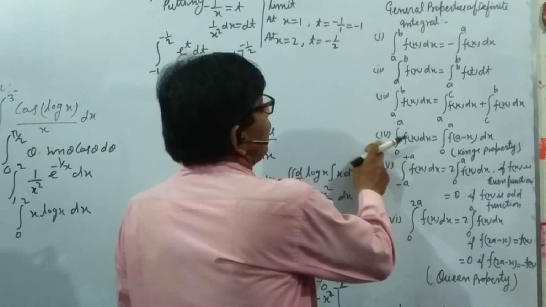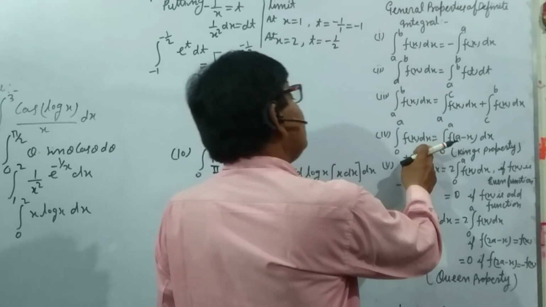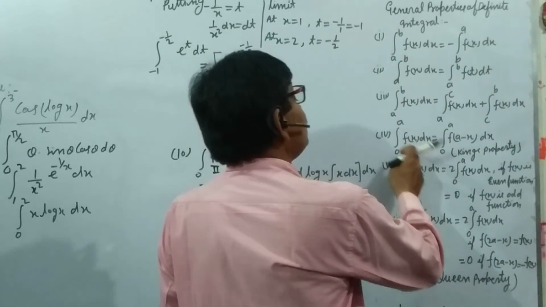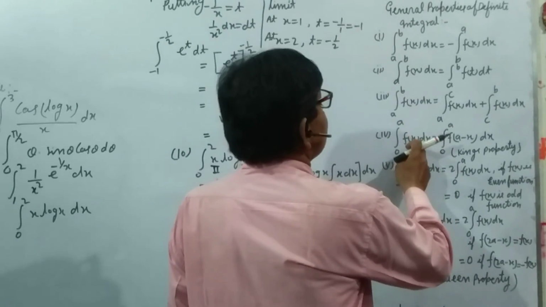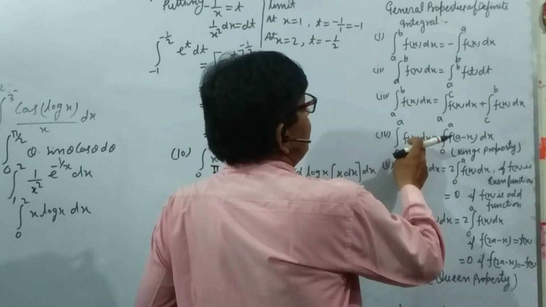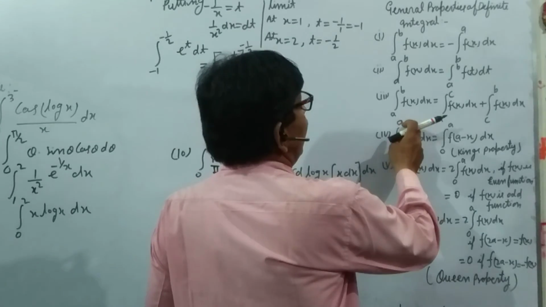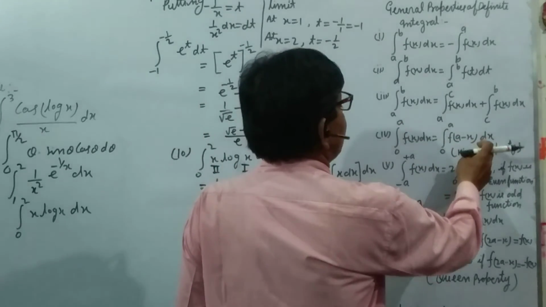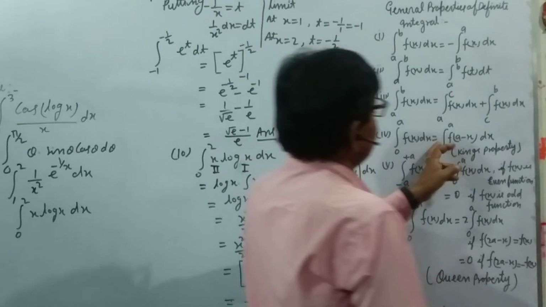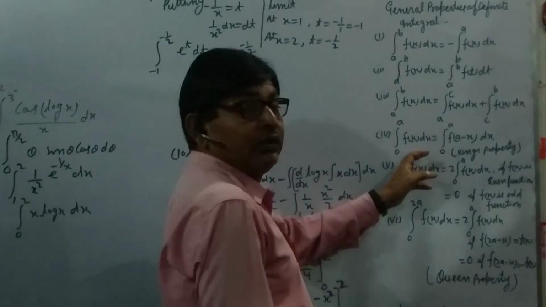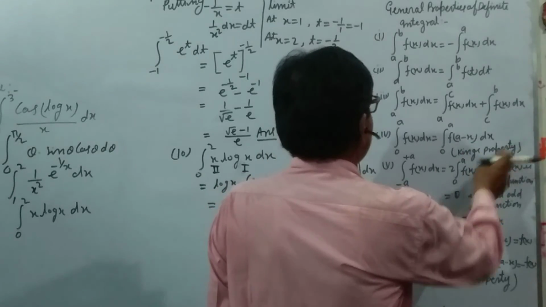Now property 4, 0 to a f x dx, this value is equal to 0 to a f of a minus x. We subtract x from the upper limit a. This property is known as King's property.